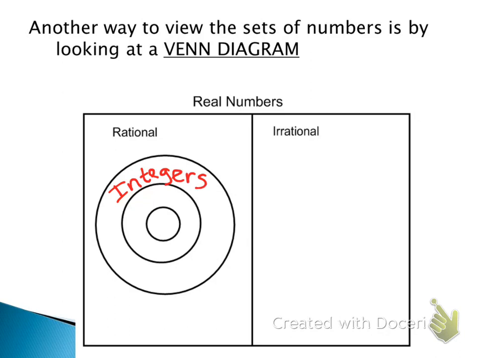The next biggest set within the integers is the whole numbers. And the smallest set inside of there is the natural numbers, which I can't even hardly fit that word in there.